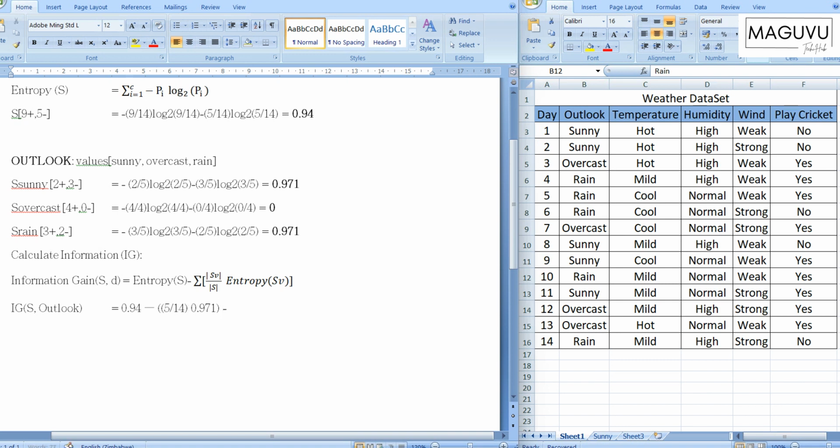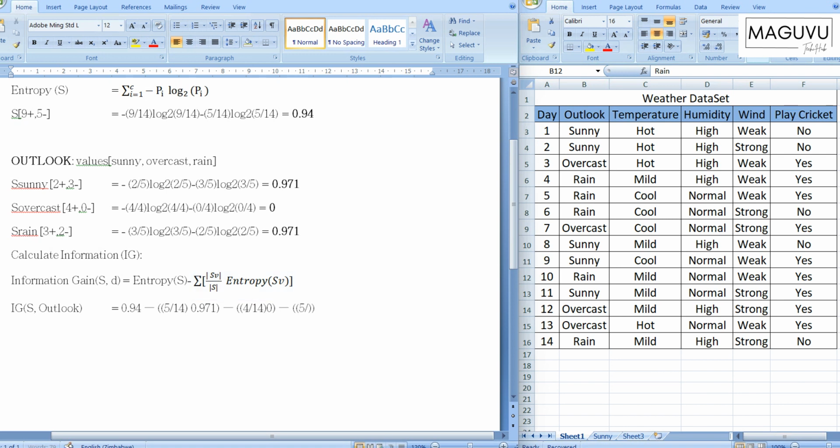Let's then proceed to do the same for the next value, where we have got 4 there, overcast. 4 divided by 14 multiplied by 0, which is the entropy of overcast. Then we proceed to do that for the last, which is rain. When we look at rain, a total of 5, 3 plus 2 here gets us a 5.